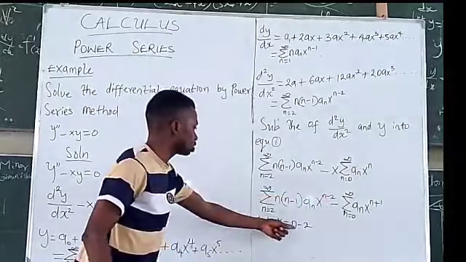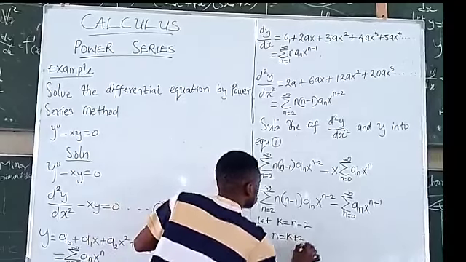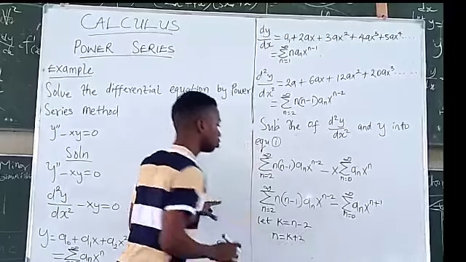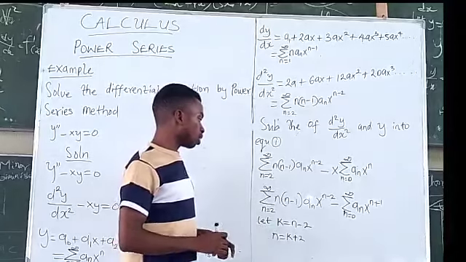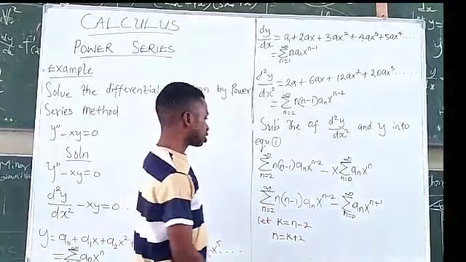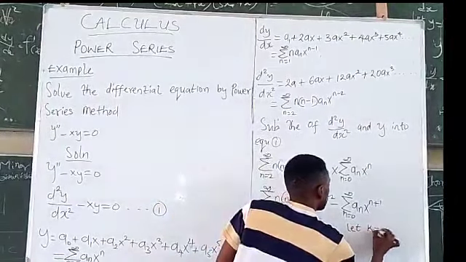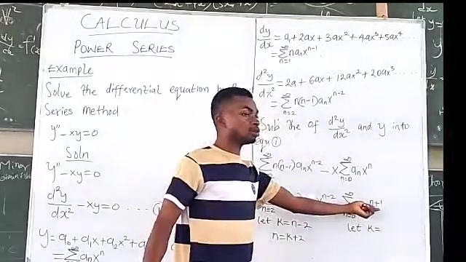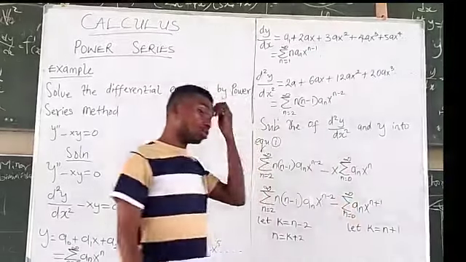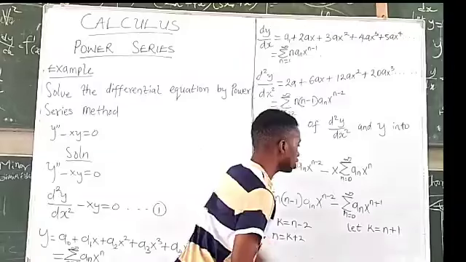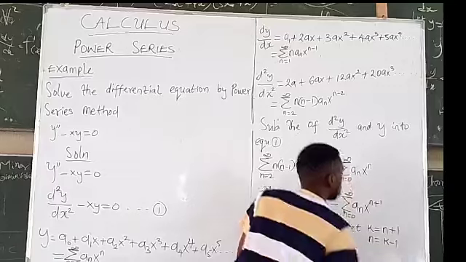Then what is our n now? Our n will become k + 2. For this other part, let k be equal to n + 1. Then making n the subject of the formula, n will become k - 1.